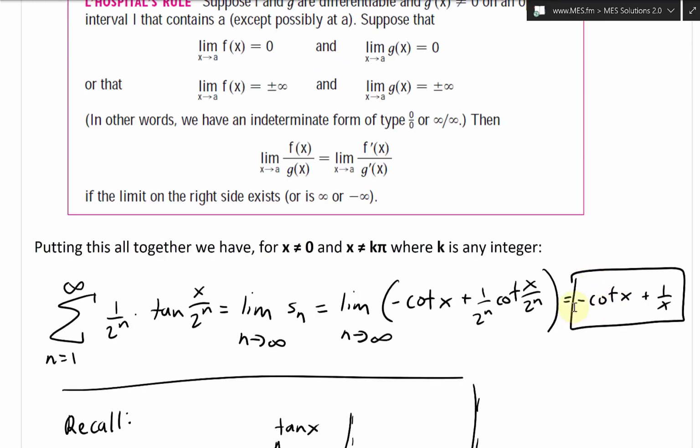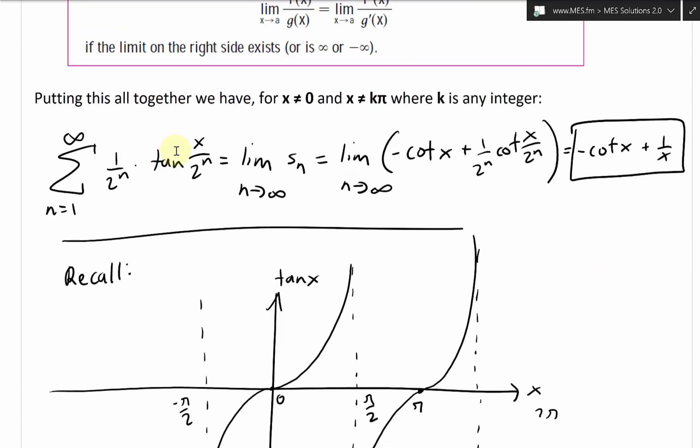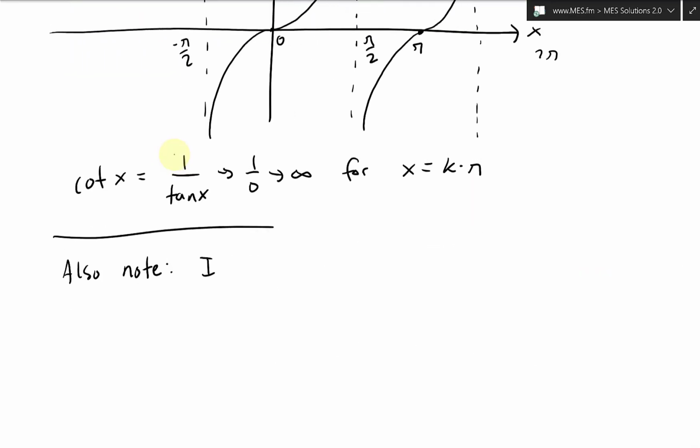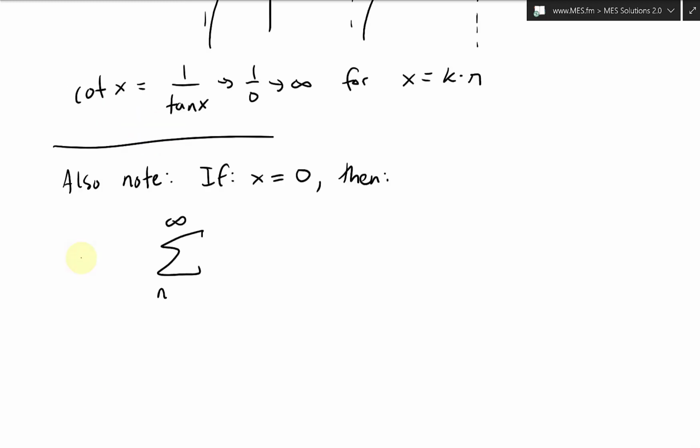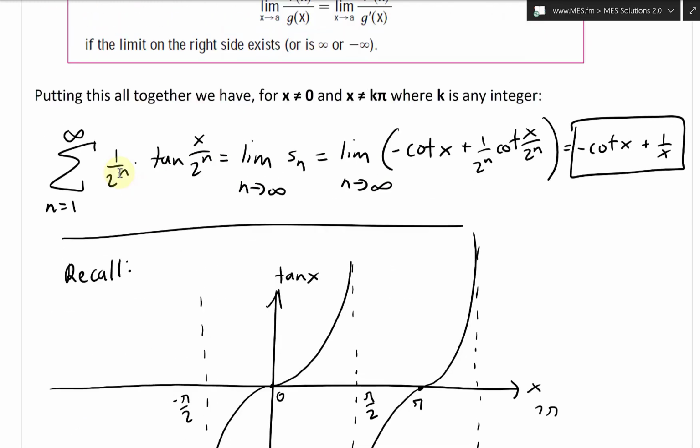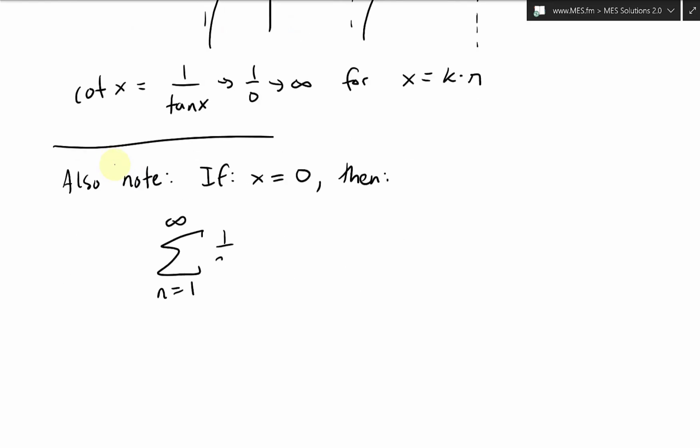for x equals 0, if x equals 0, we don't even need to do the limits or anything. We can just solve the sum right away. Let's write our summation from n equals 1 of 1 over 2^n times tan of x over 2^n.